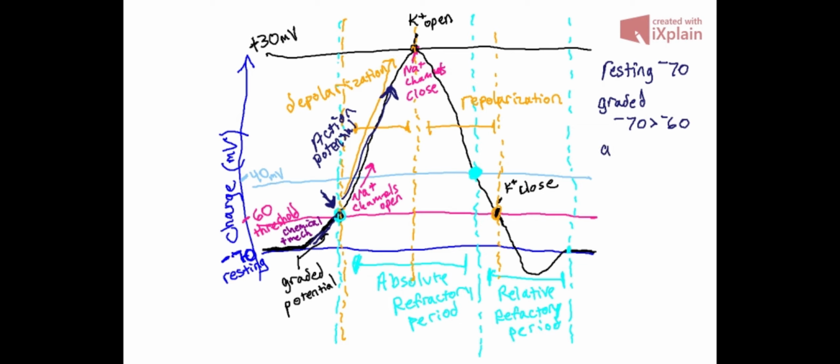And then the action potential is when the charge is over negative 60, up to negative 30, or up to positive 30, excuse me. So resting potential, graded potential, action potential. And the negative 60 mark in between the graded and the action potential is called the threshold.